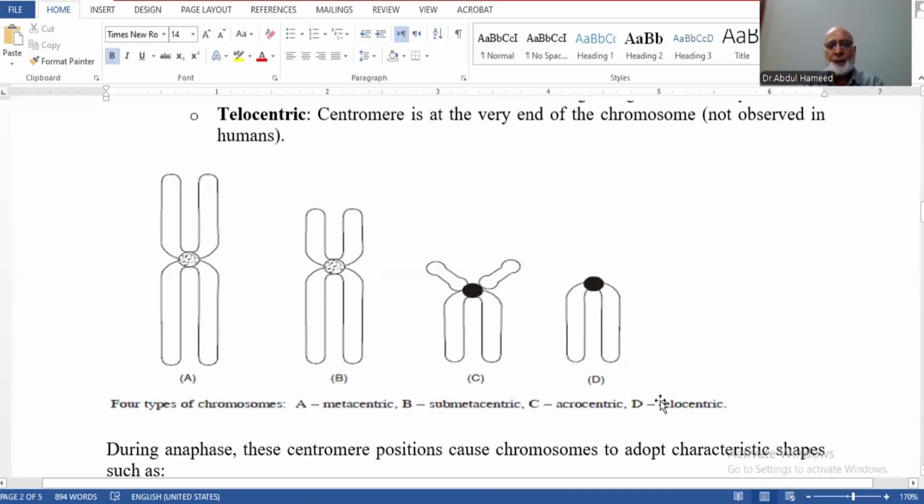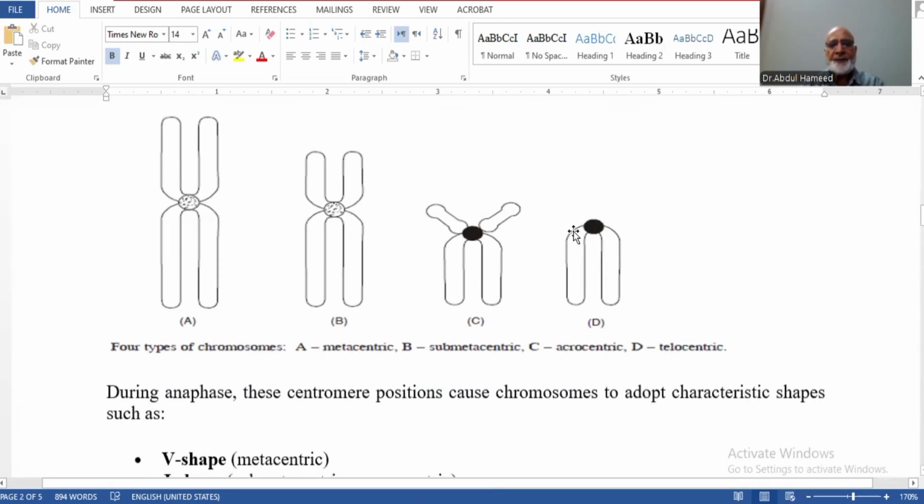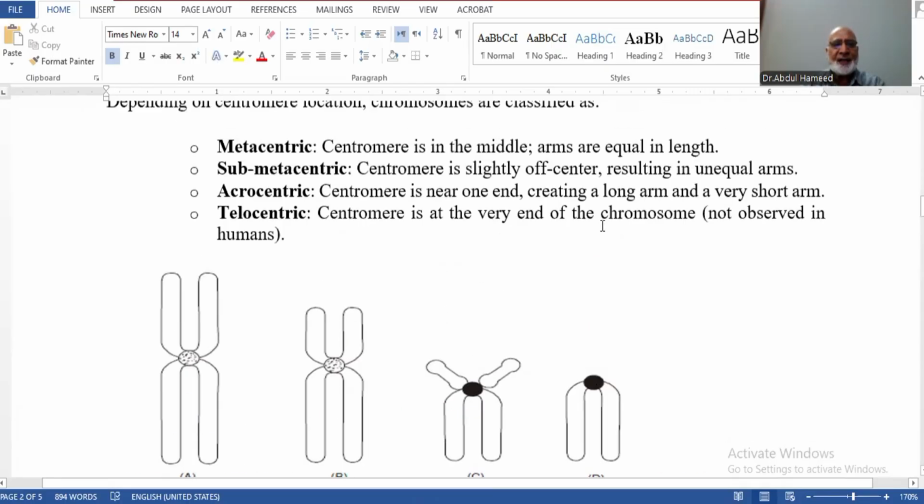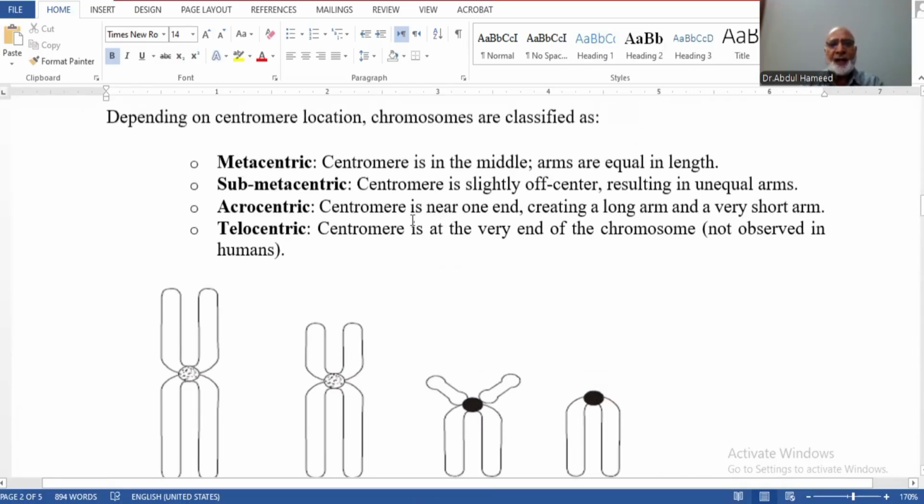And in telocentric, the centromere is at one end, so the chromatid is attached at the end. These are the different types of chromosomes as per the centromeric position.